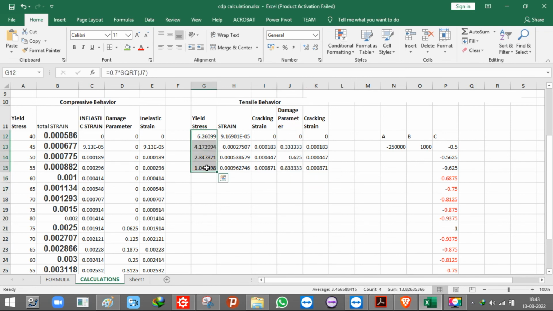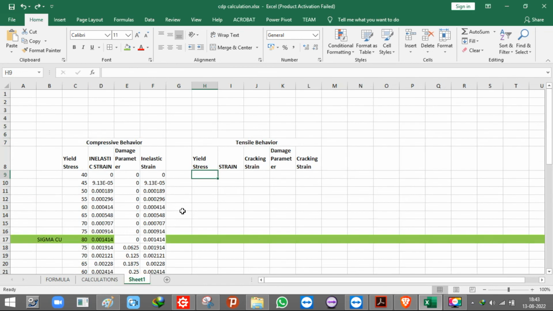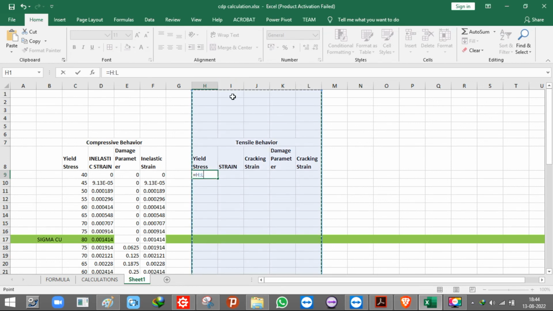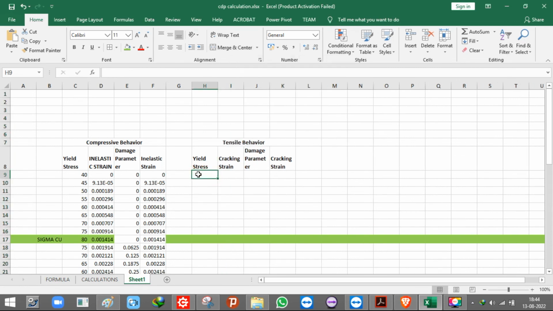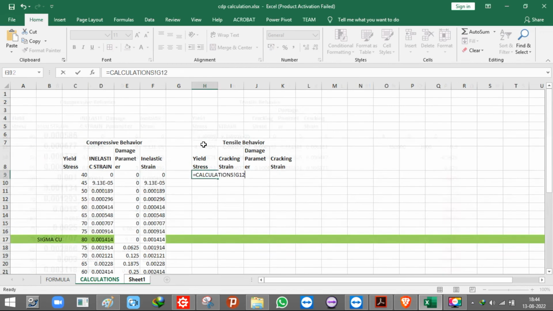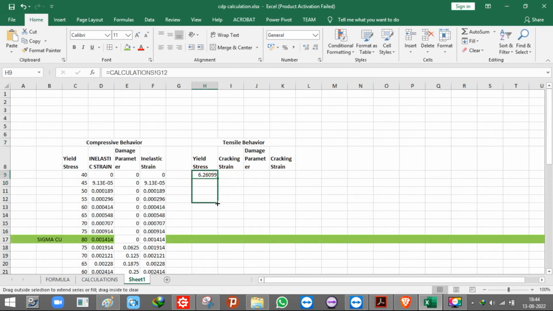I'll simply copy this data over here: yield stress, then cracking strain.